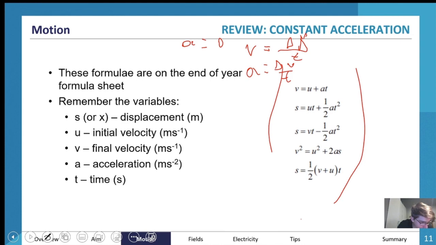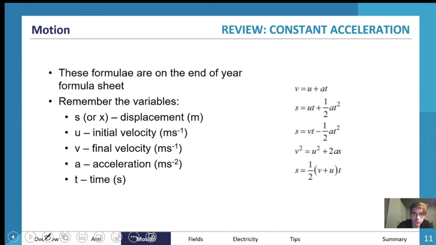But for constant acceleration, you can use the formulas given here. The key with these formulas is to remember to use the right units.